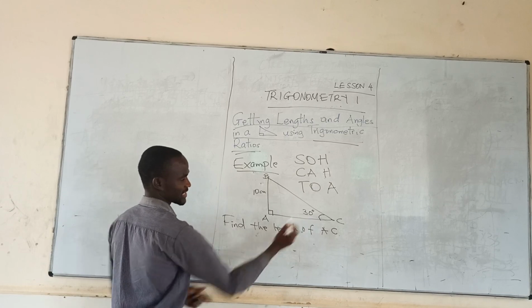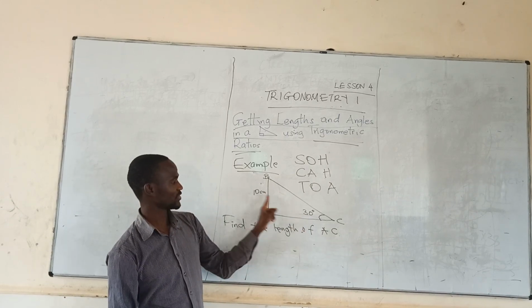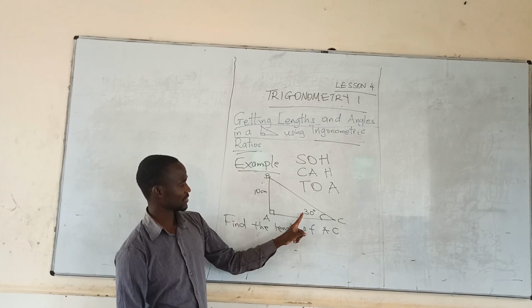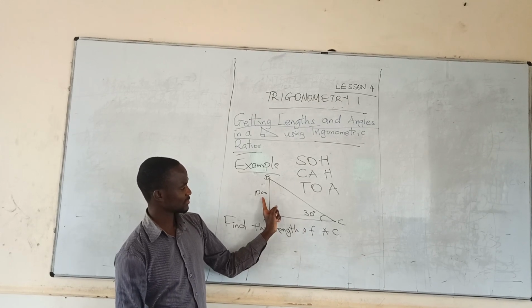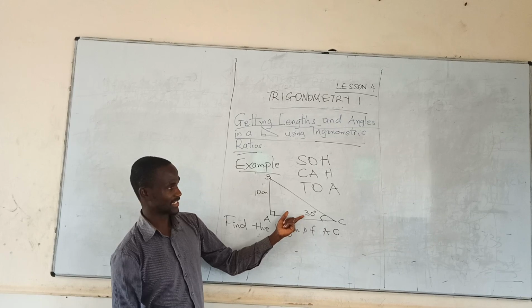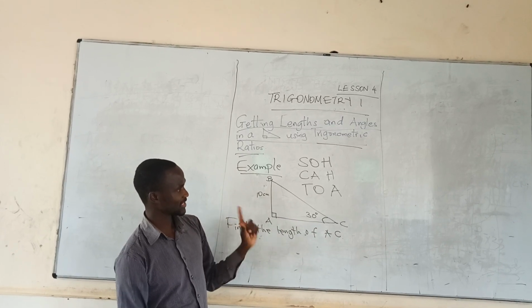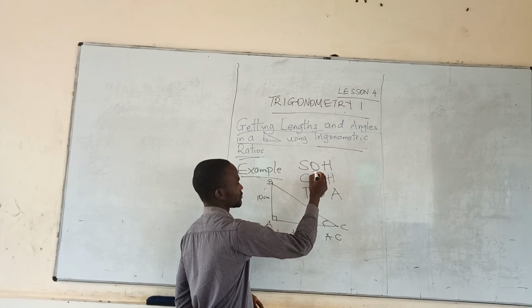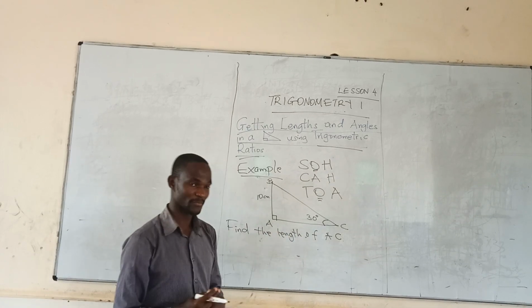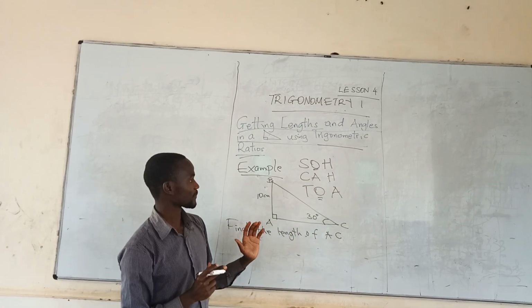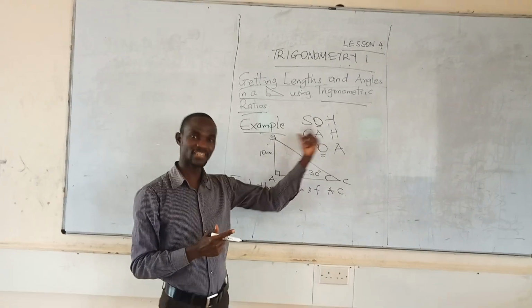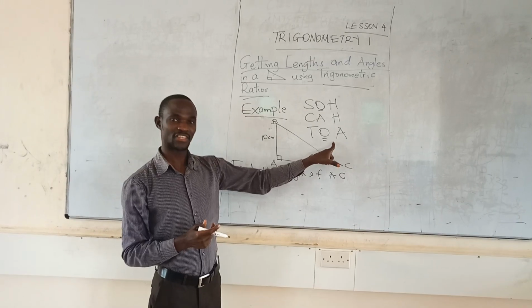Now we look at 30 degrees. With reference to 30 degrees, 10 centimeters is opposite. So if we go back to this mnemonic, we have opposite here and opposite here. So we will use either the sine or the tangent.